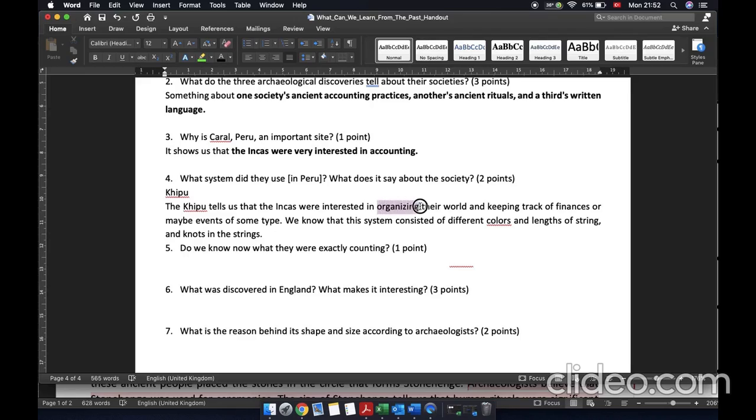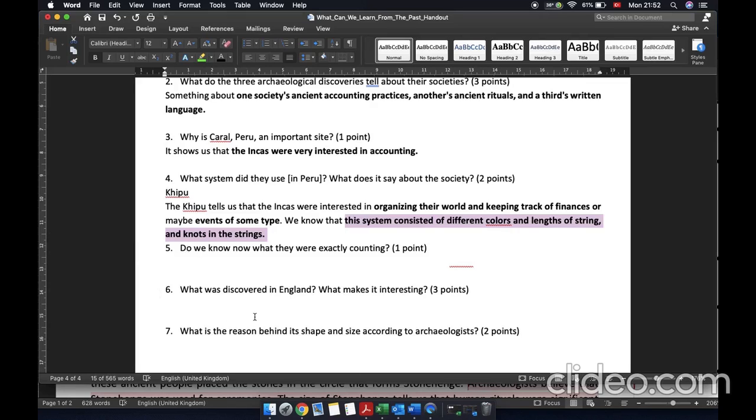They were interested in organizing their world, keeping track of finances or events of some type. And the system consisted of different colors and lengths of strings and knots on the strings.